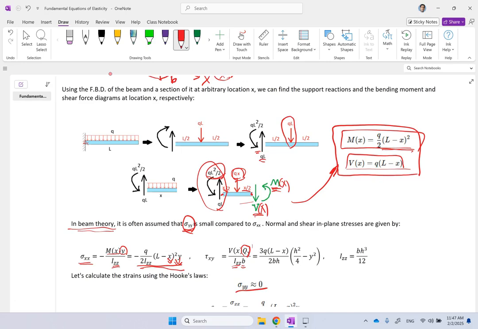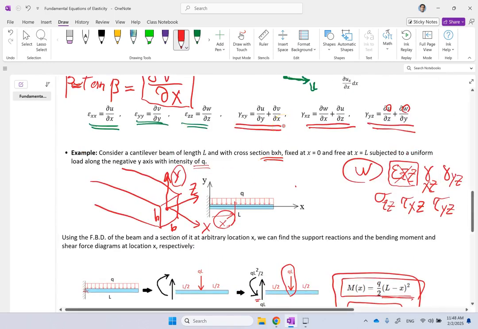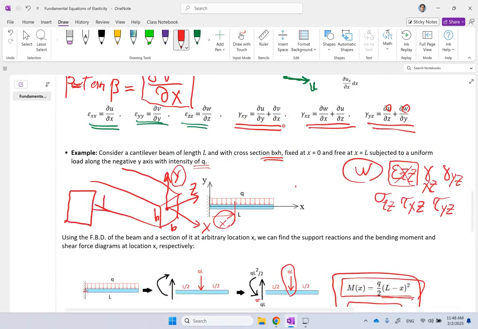So if you look at this cross section and you go to the location y, the area of this cross section above the y location, the first moment of that area with respect to what we call the neutral axis, is the integral of y dA over which A?